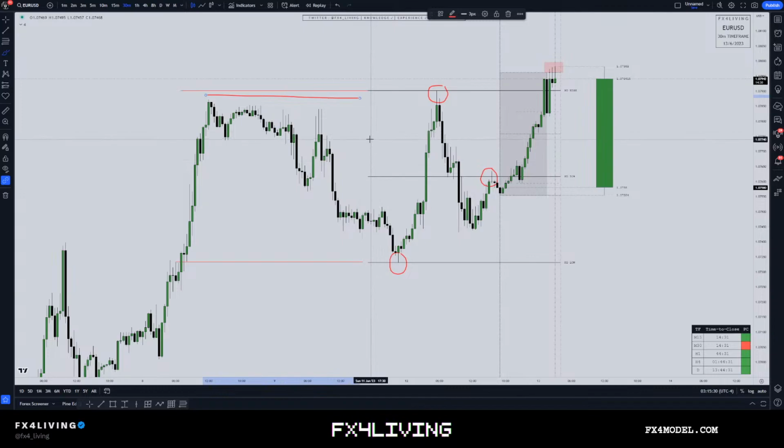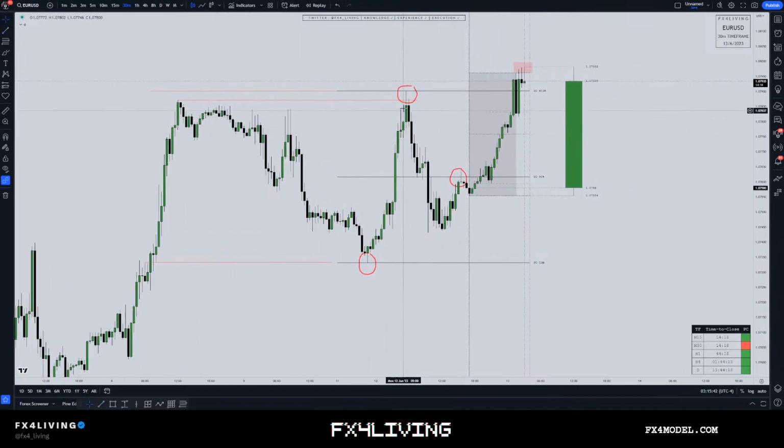And this is the proof that these levels work. I'm going to show you the proof right here. This is your previous daily high. Look how the price rejected exactly this level and went back down a decent amount. You see that?